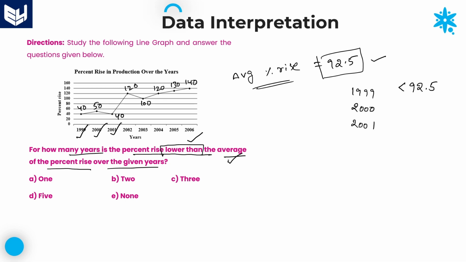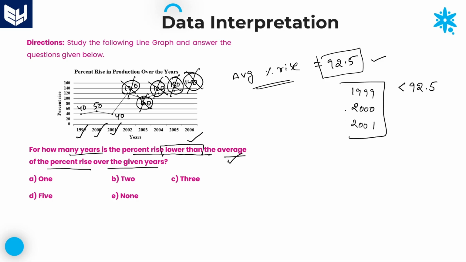Now let us look at from 2002 onwards. From 2002 onwards the value is 120. It is greater than 92.5, you should not consider. 2003 value is also greater than 92.5, you should not consider. Here it is 120, greater than 92.5. 130, greater than 92.5. 140, greater than 92.5. So here 5 values are greater than 92.5.